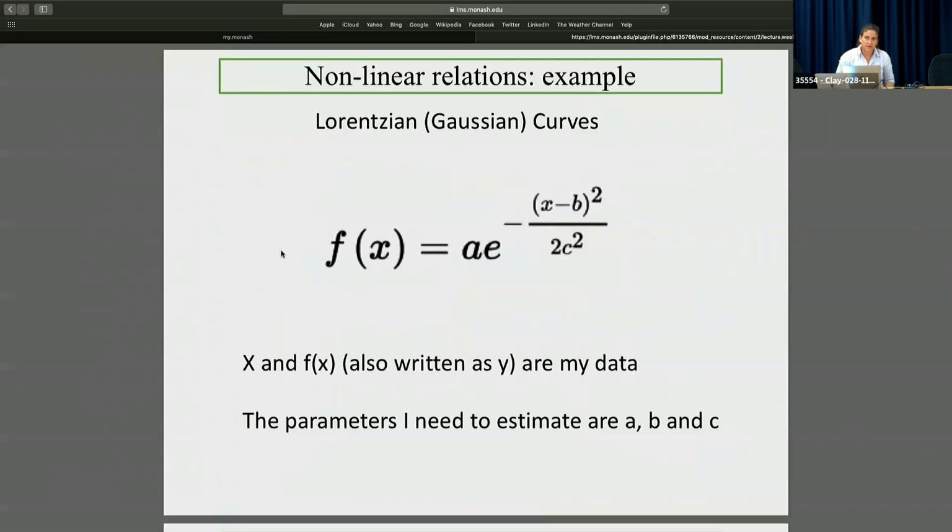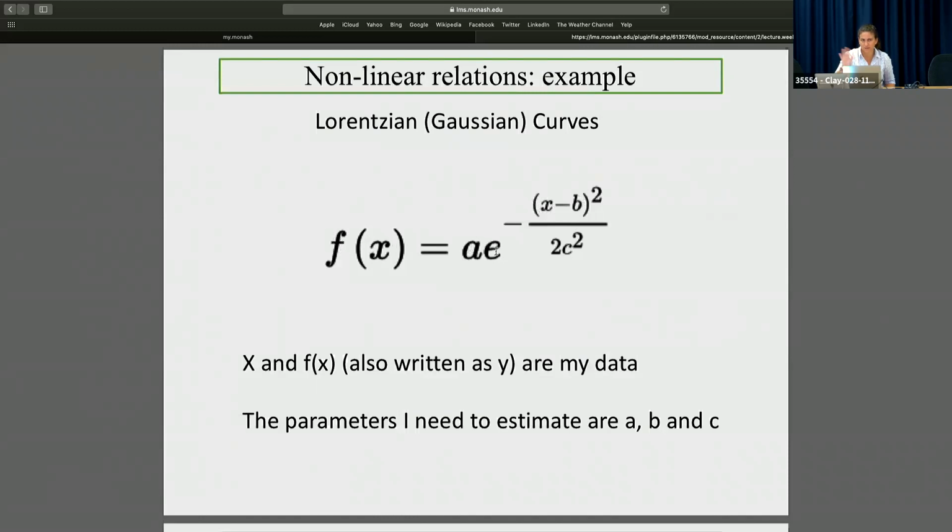So I can give you another example of parameters. Just like we had a and b in the linear model, in this Gaussian curve, the Lorentzian curve, that bell-shaped one, f of x, which we also call y, whatever is a function of x is dependent on x, of course, and then a bunch of other parameters.